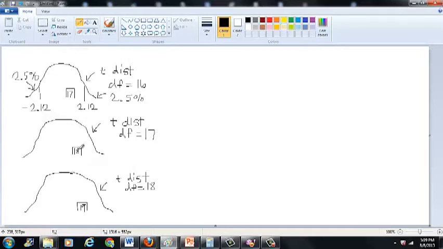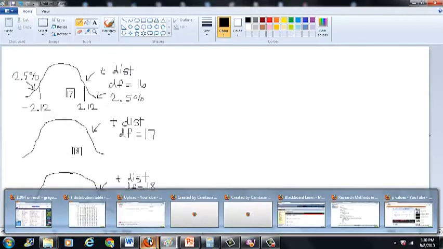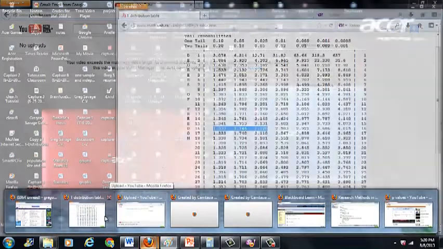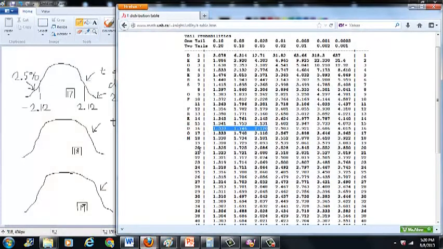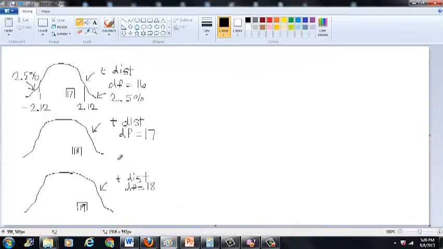Now in this situation where we've collected data from 18 people, we can find out what the critical values would be in that study. We're still using two tails, 0.05. This time we have 17 degrees of freedom, which means our critical values this time are actually 2.11 and negative 2.11.